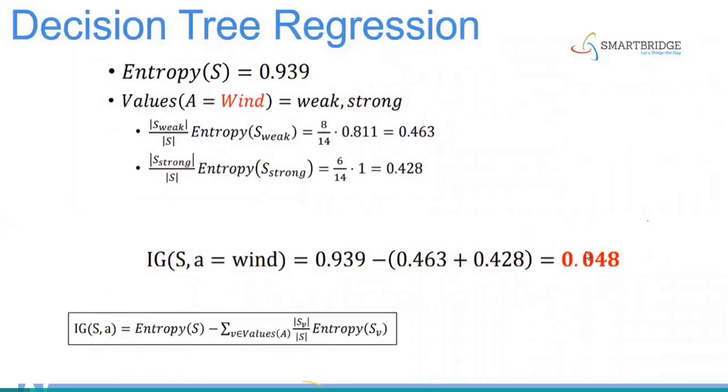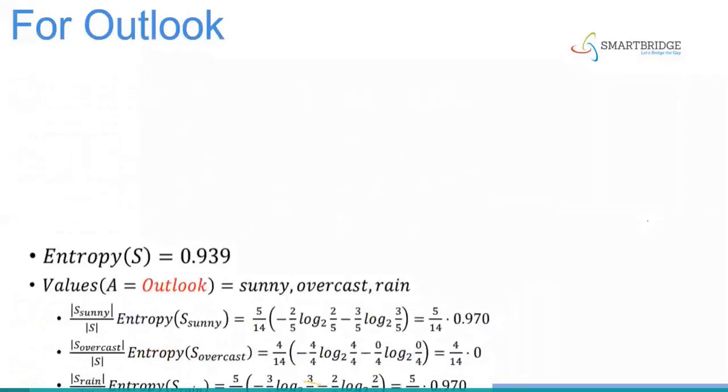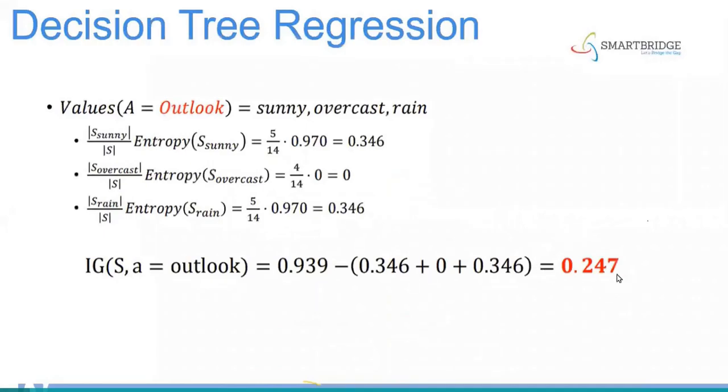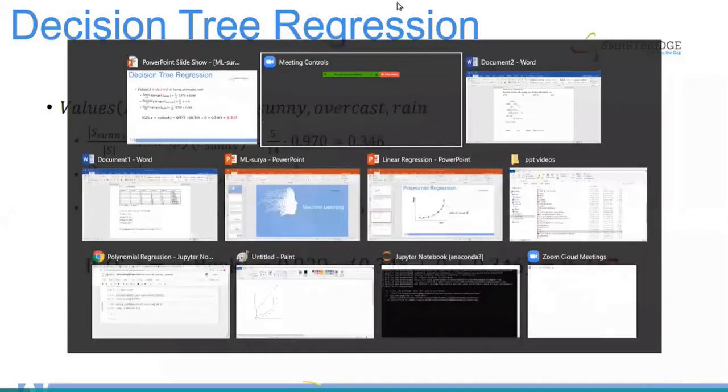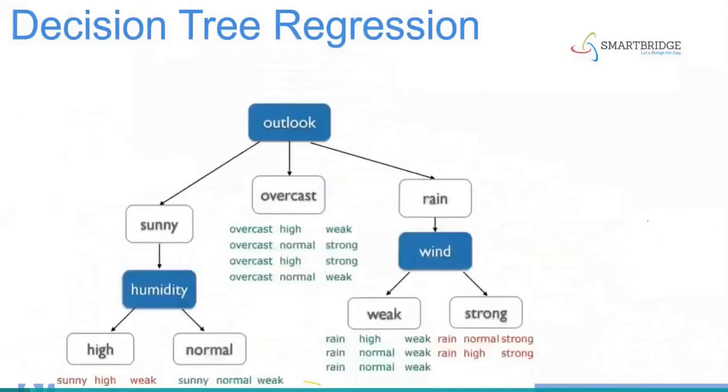So which is bigger? 0.247 is bigger. So outlook is considered as the root node. Whichever has the highest information gain is considered as the split. So now outlook is considered as the split. That's the reason we first split the data on outlook.